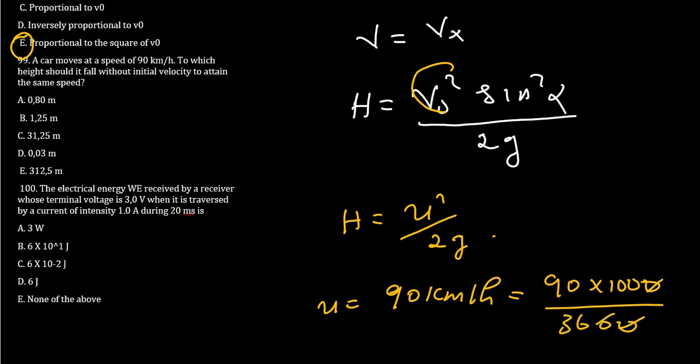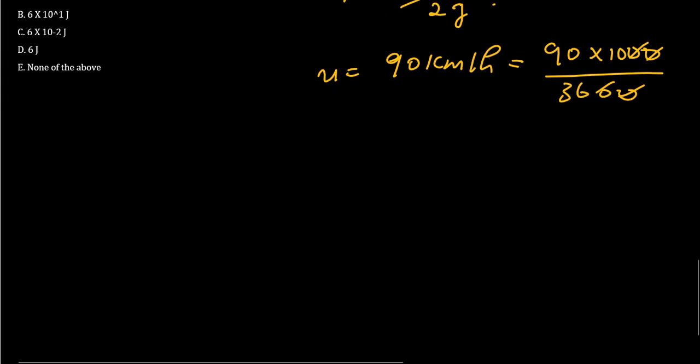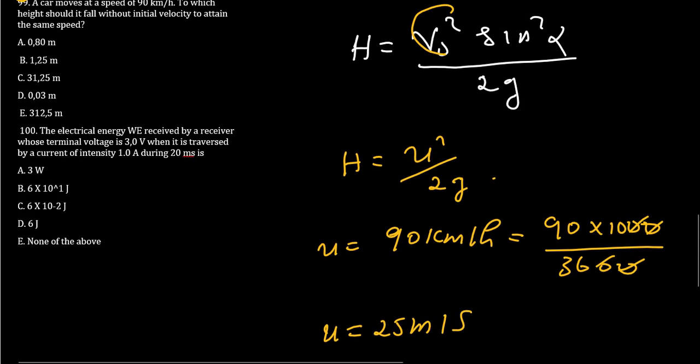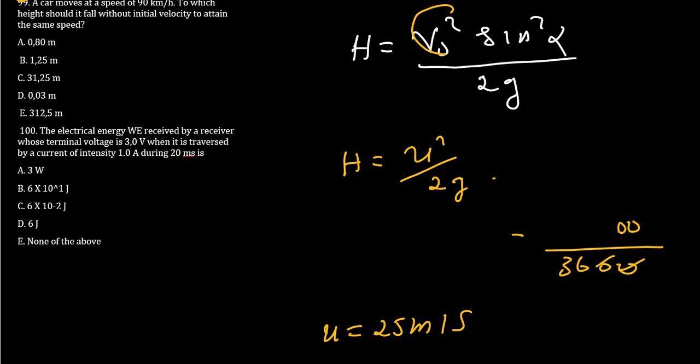So this simplifies with this, and we are left with 900 divided by 36, which is simply 25 meters per second. So from here we can now calculate the height which it is going to attain.